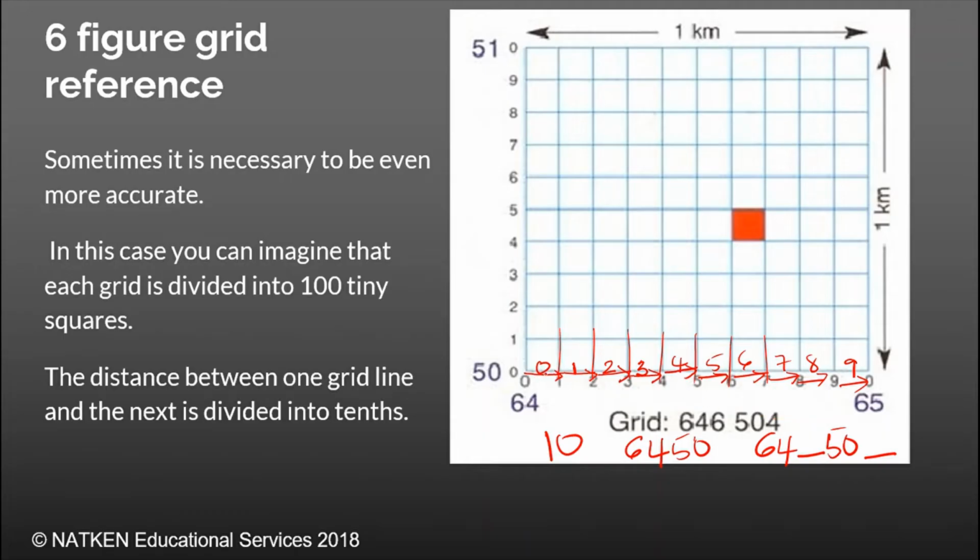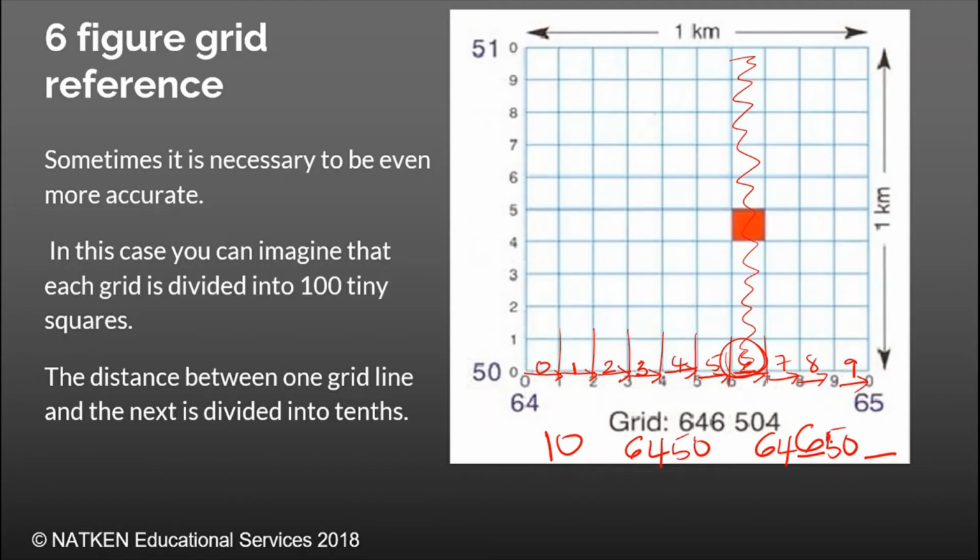So from going across, we see that we have 0, 1, 2, 3, 4, 5. Remember that anything that falls inside this grid square would have been 6. So that means anything in here all the way down would have been in grid square 6. So we would write number 6 here as the other part of our eastings.